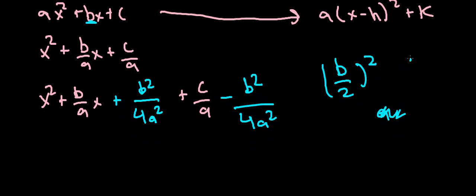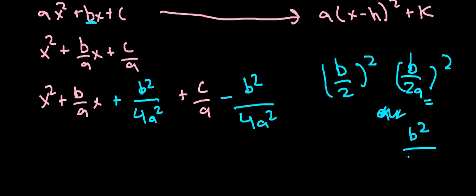So this is b over a over 2, so it would be half of b over a, which is b over 2a. And when you square this, you get b squared over 4a squared. So that's where that comes from. And I'm subtracting it here.